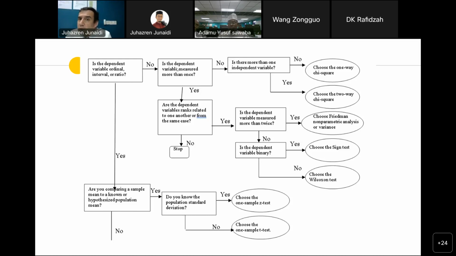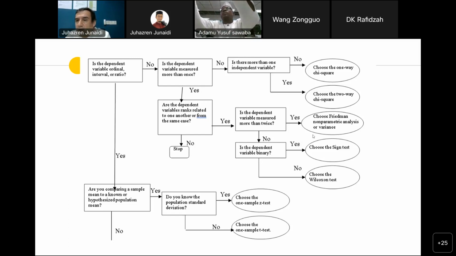If the answer is no, is the dependent variable measured more than once? If it is measured more than once, are the dependent variable ranks related to one another or from the same case? If not, you need to stop here. If yes, is the dependent variable measured more than twice?